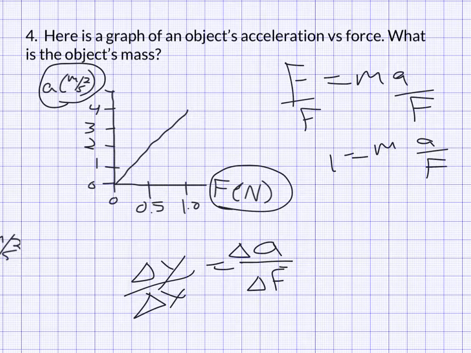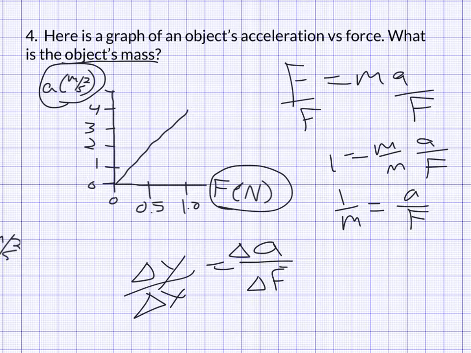And if I want to isolate the a over f, I could divide by m and get 1 over m equals acceleration over force. So acceleration over force is the inverse of mass. So I can't just take the slope of this graph here, because that would give me not the object's mass, but its inverse.